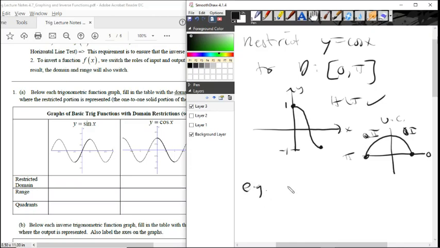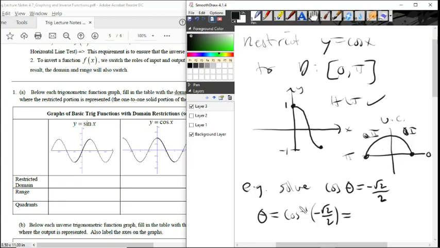So for example, we'll do more solving of trigonometric equations in the future, but as a preliminary example here, let's say we wanted to solve the equation the cosine of theta is equal to negative root 2 over 2. If you go to your calculator and enter the arccosine of negative root 2 over 2, the answer it's going to give you is the principal solution, taken from this restriction.